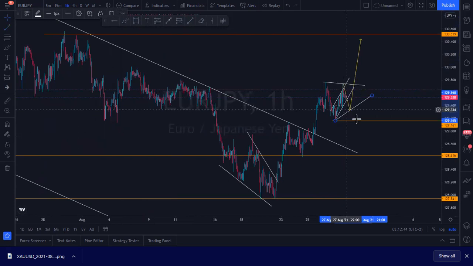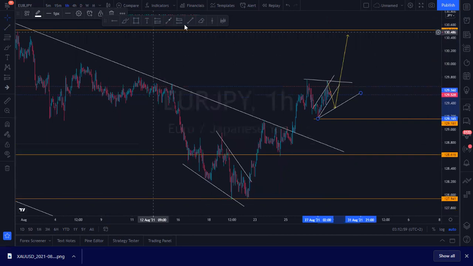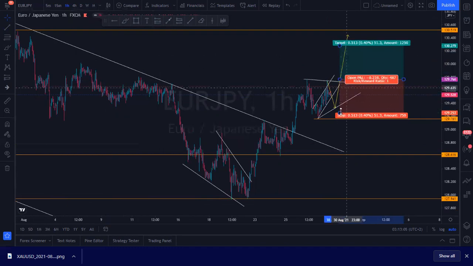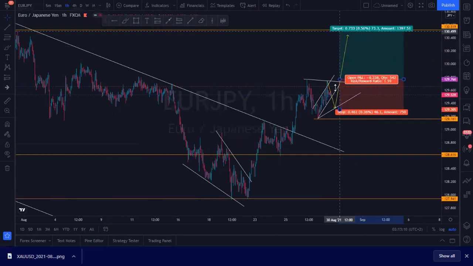But if the price pulls back all the way to the downside to this level, I'll be expecting to execute a risky entry at the double bottom. And if the price doesn't do that, and gives me this kind of scenario, at the break of this pattern I'll be taking my long position, with my stop around this level or below the low.